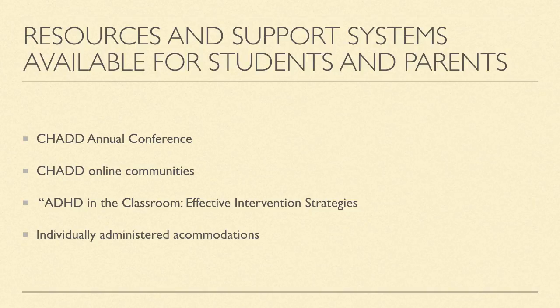Additionally, CHAD also has online communities, which are essentially forums where people who are affected by the disorder or parents of children who are affected by the disorder can participate in an online forum. They can ask questions. They can talk about stories that they have in common and kind of resolve things together as individuals who all come together with the same common situation.